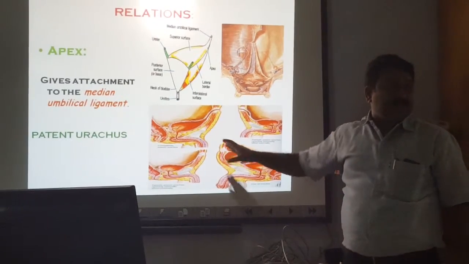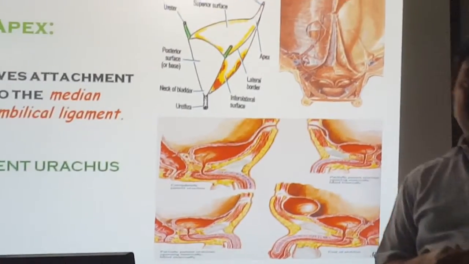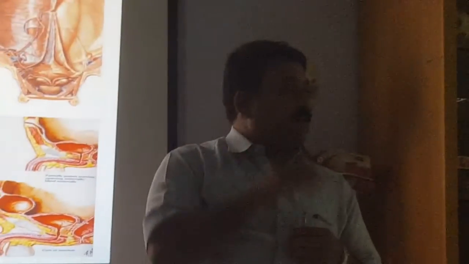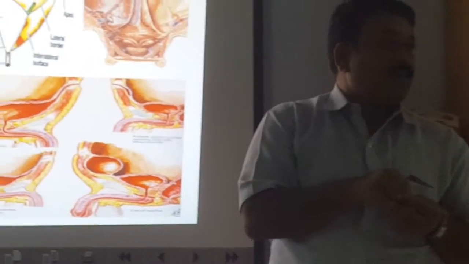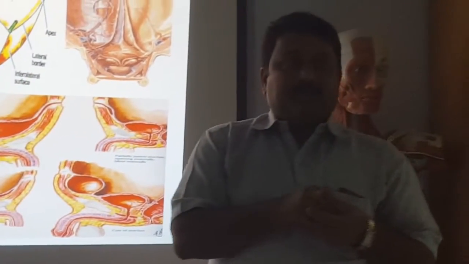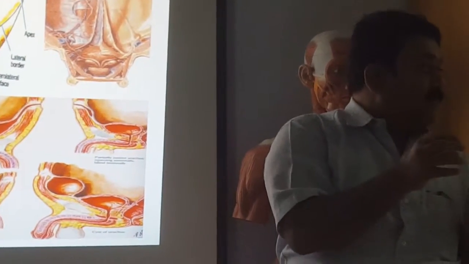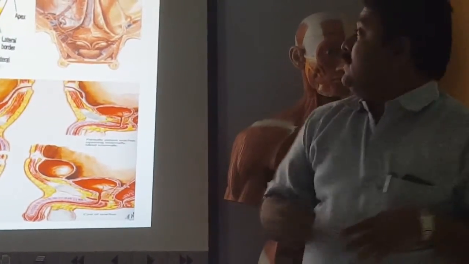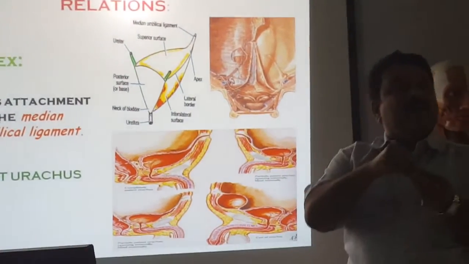Patent urachus. It is the remnant part of the allantois, embryologically. Before, it had a canal, a lumen. Afterwards that canal is closed, and so it forms the medial umbilical ligament.